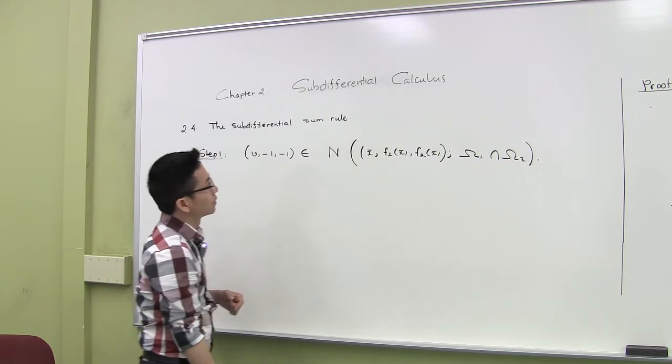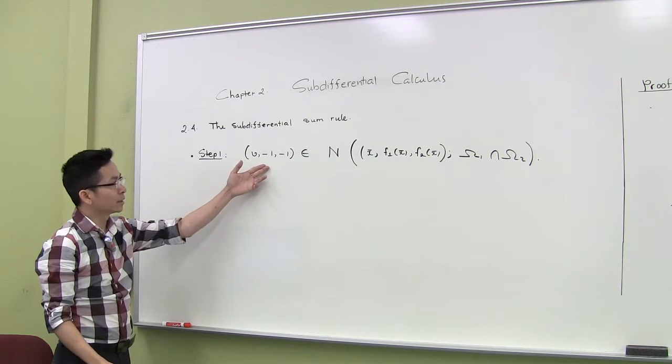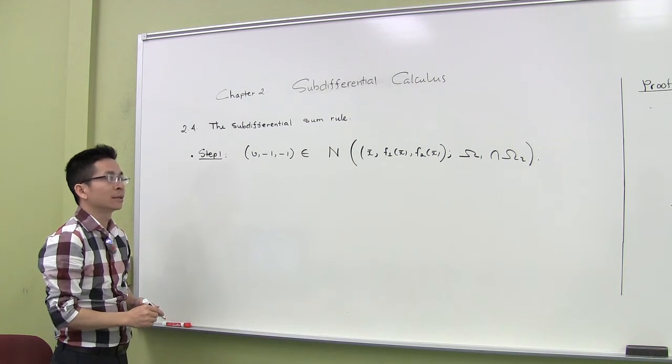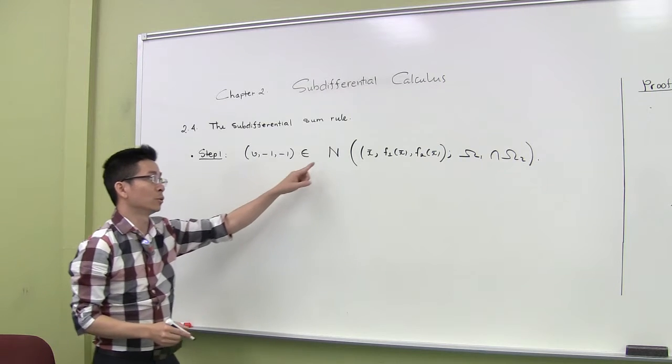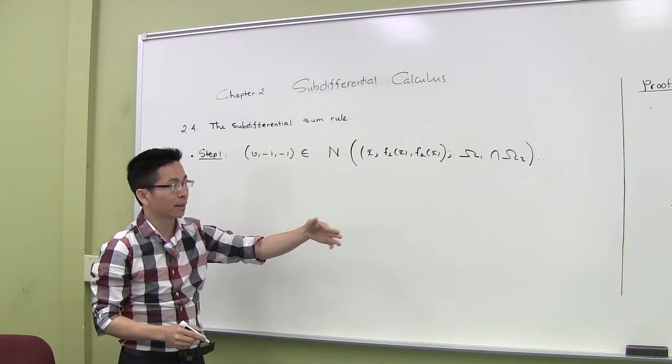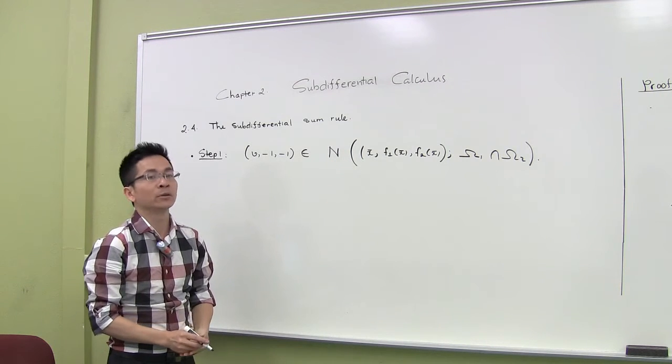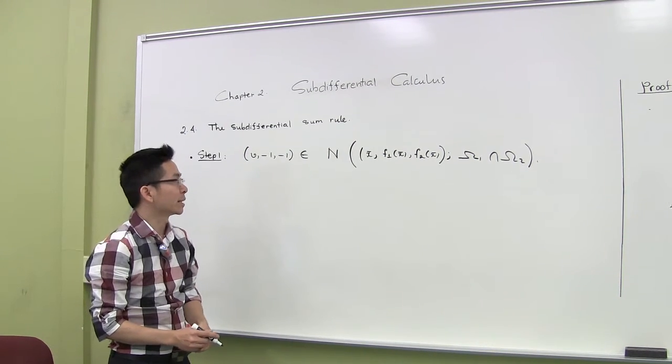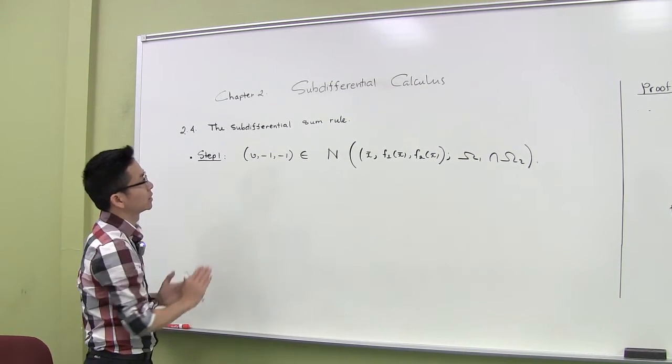Let me prove this based on the definition of the normal cone to convex sets and also the structures of omega 1 and omega 2. So how come this is true?